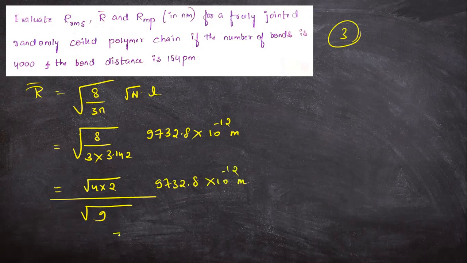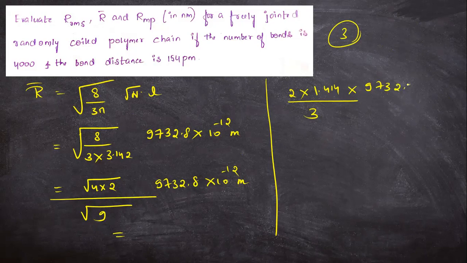Okay, so let me solve here. 2 into root 2, the value of which I said is 1.414, and root 9 will be 3, into 9732.8 into 10 raised to minus 12 meter.